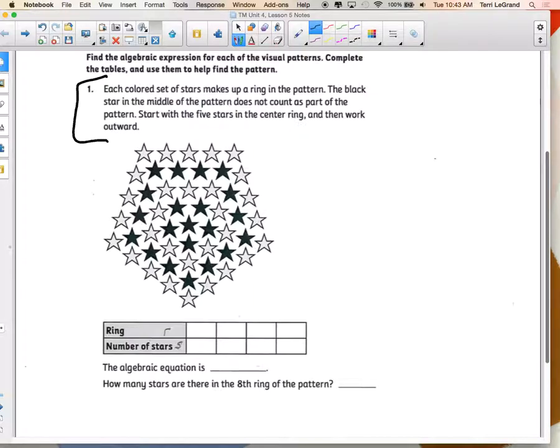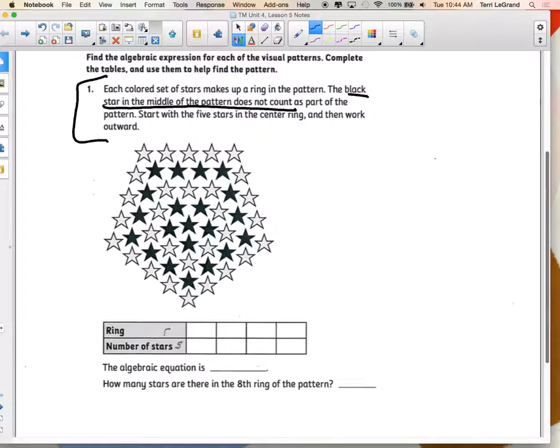Each set of colored stars makes up a ring in the pattern. The black star in the middle of the pattern does not count. That sounds like important information. We're going to ignore it as part of the pattern.